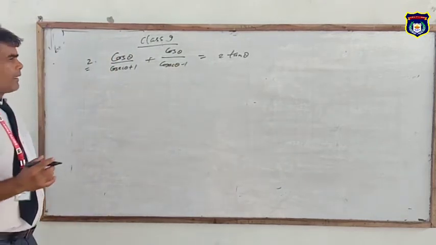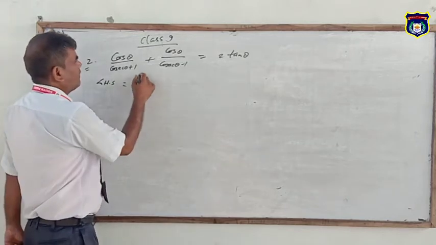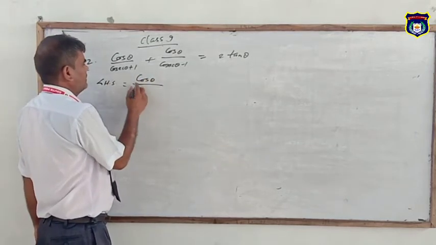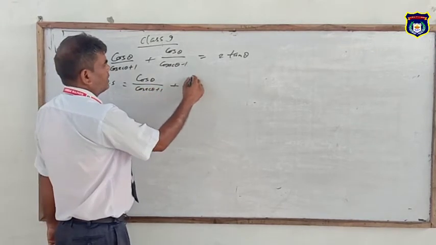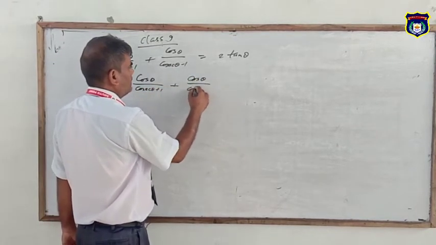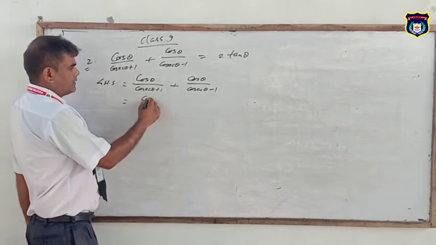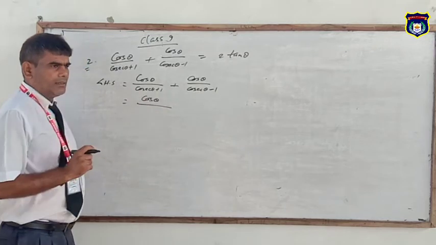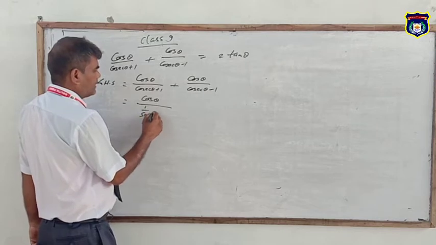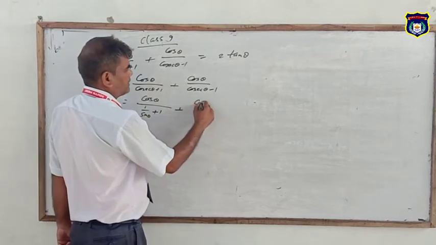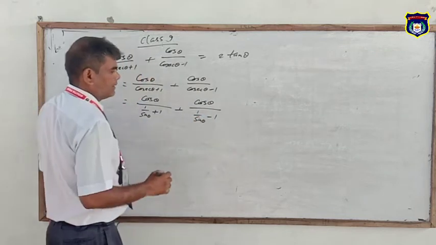Now LHS: cos theta by (cosec theta plus 1) plus cos theta by (cosec theta minus 1), and cosec theta is 1 by sin theta, so cos theta by (1 by sin theta plus 1) plus cos theta by (1 by sin theta minus 1).